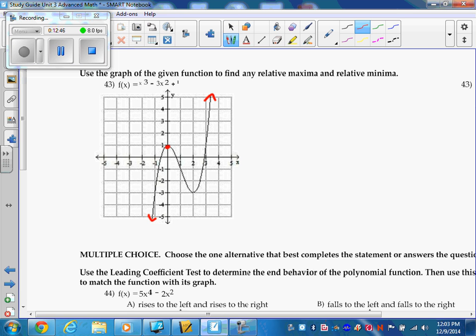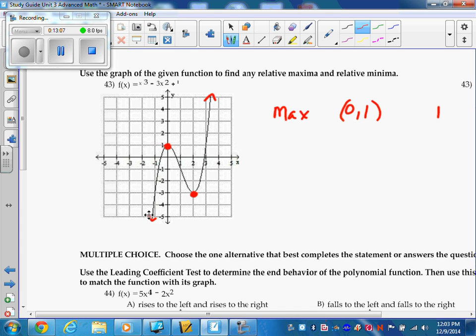This would be a relative maxima. This would be a relative minima. And so we would write that the relative max of this is going to be 0, 1, or you could write 1 if it's a maximum value.